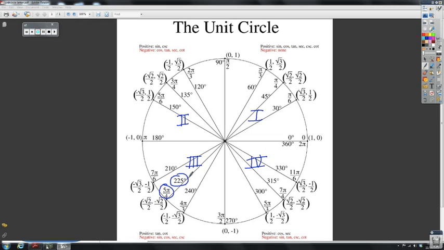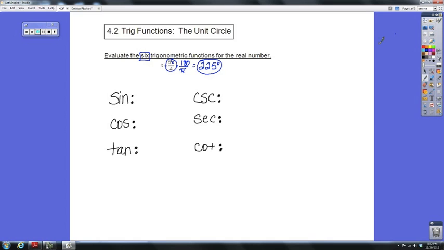Now, this angle is located right here at this point, and this is your x and your y coordinate. And remember that this is your cosine value, and this is your sine value. So if you'll notice, we already have 2 of the 6 trig values. So let's go back to our notes and let's write those 2 down, because we have those 2.